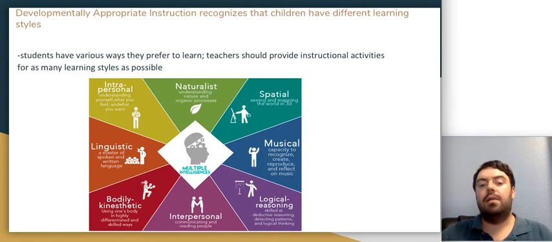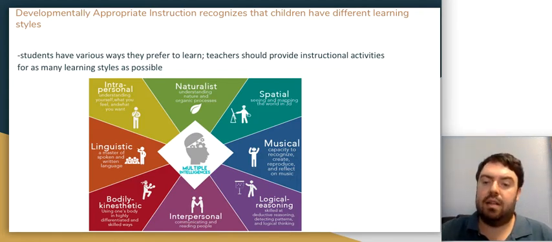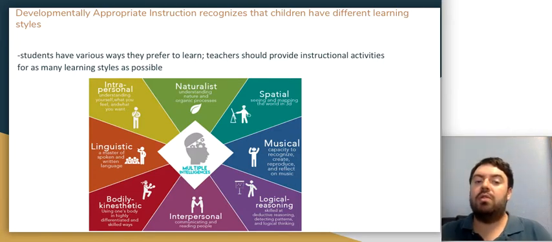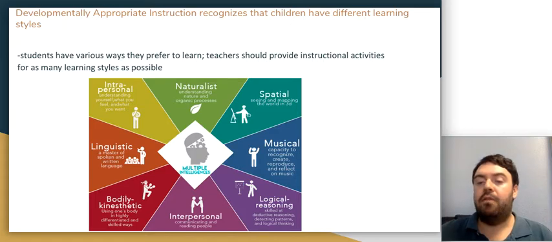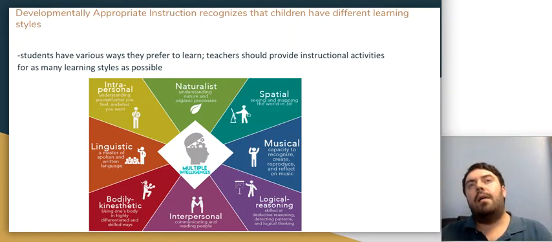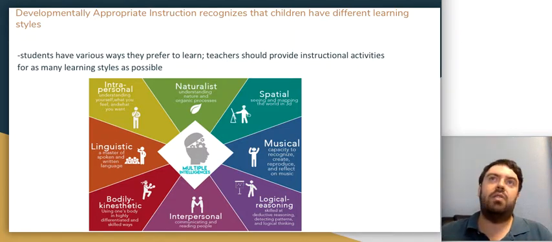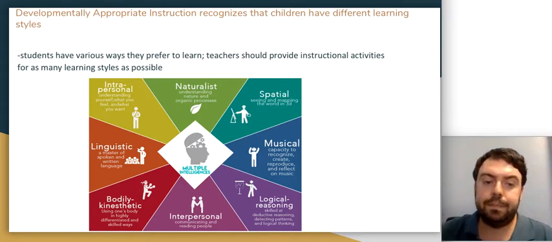reflect on music. You might also have students that have linguistic learning intelligence. That's more of their predominant intelligence. So students might be primarily preferring to learn either through listening to other people speak to them, or through speaking themselves, either communicating orally or in written form.